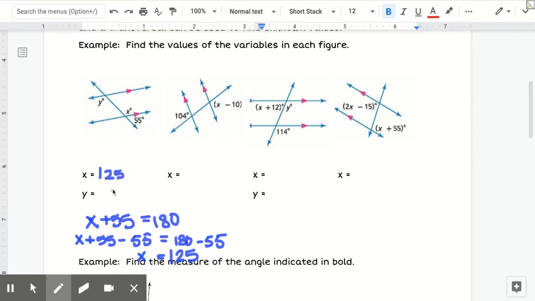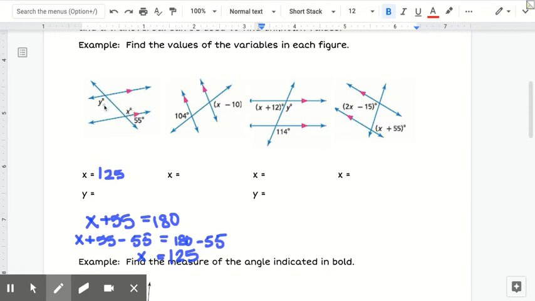Now, it's not 125 degrees, because the picture says x degrees, so the degree symbol is already there. I'm only including the value for x. On my picture, the y value has a relationship with the angle called x.